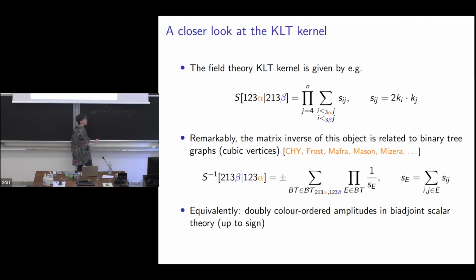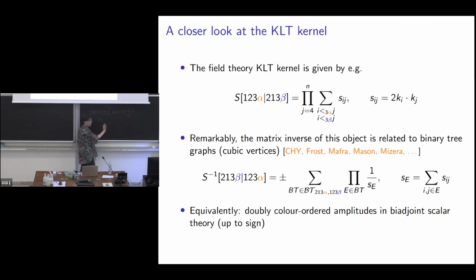Firstly, for j equals 4, in this ordering 3 is less than 4, and here also 3 is less than 4. So we can have s_34.